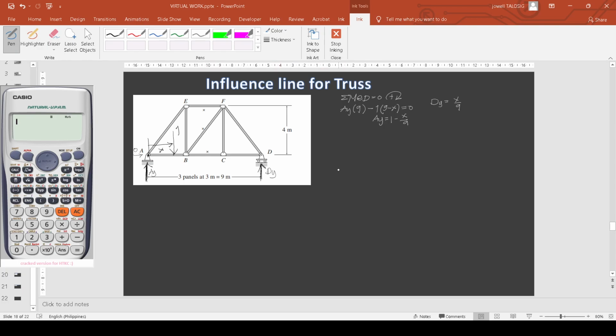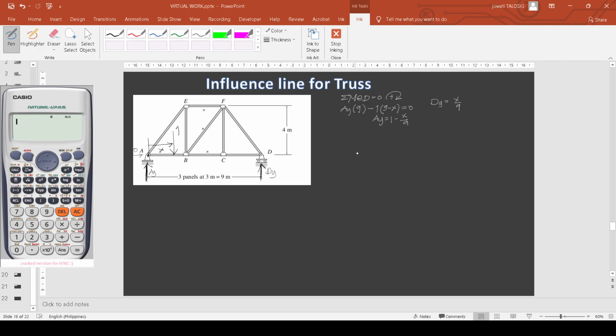So we need to determine how to solve that. First, we need to use the appropriate method for solving the first member. Here we have 3 members at the middle. So meaning, you need to use the method of sections to get the member force.